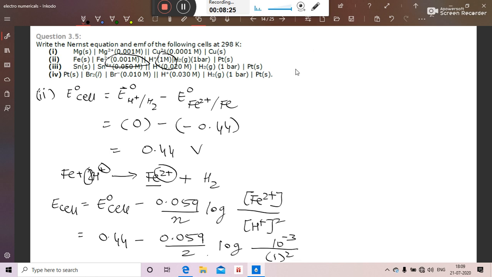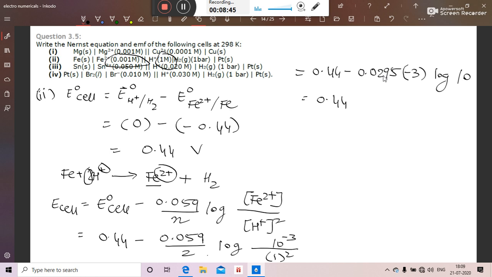So that is equal to 0.44 minus 0.059 upon 2, which is 0.0295. Now for log 10 raised to minus 3, we can take minus 3 in front, so we are left with log 10. So that is equal to 0.44.